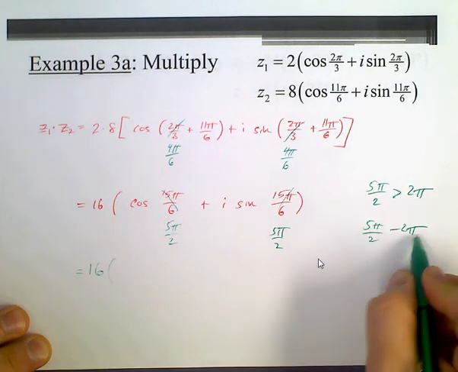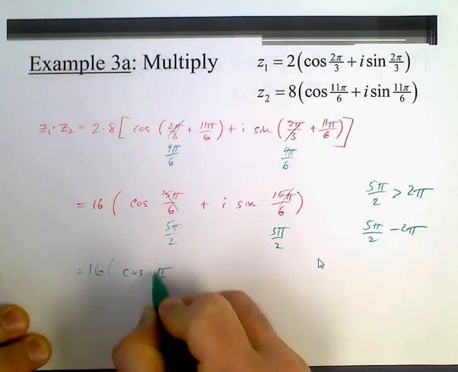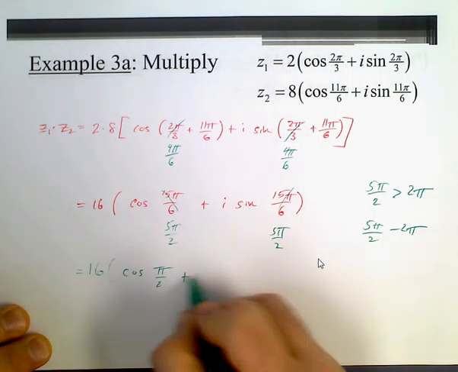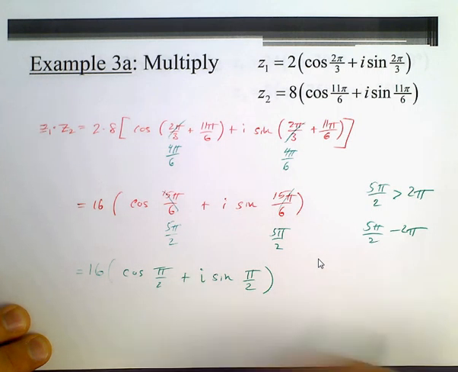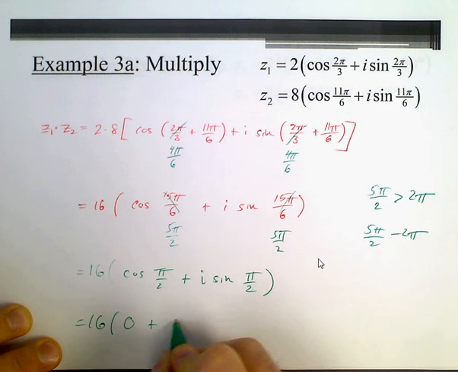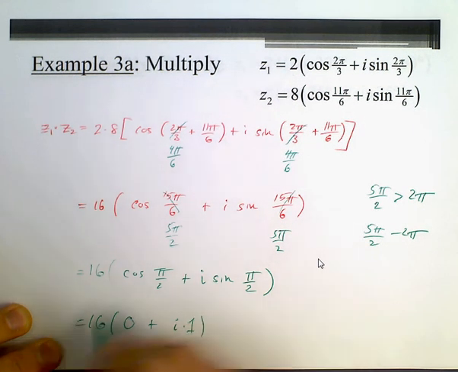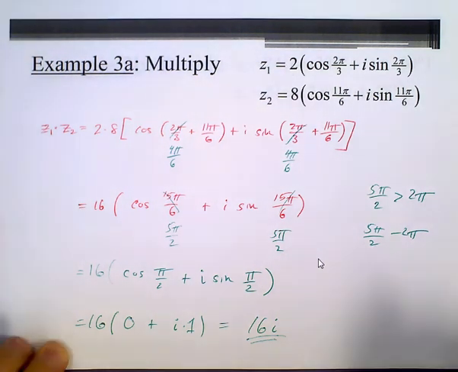So 5 pi minus 4 pi over 2 is going to give you pi over 2. And now you can just grab some values from the unit circle, distribute, and get 16i to end your problem.